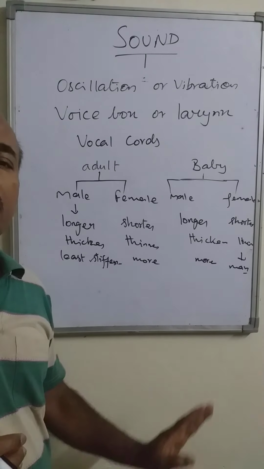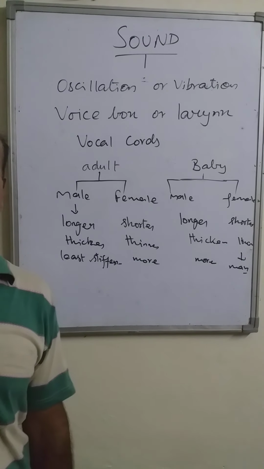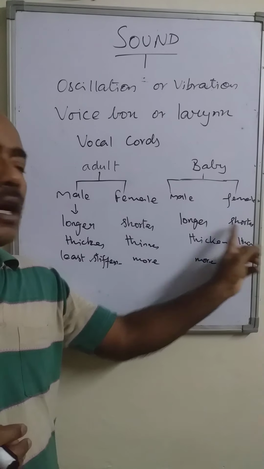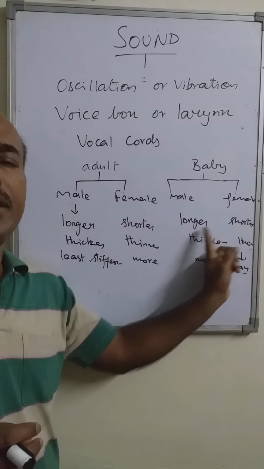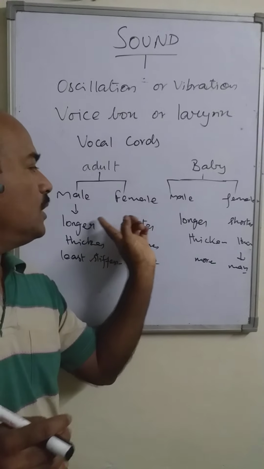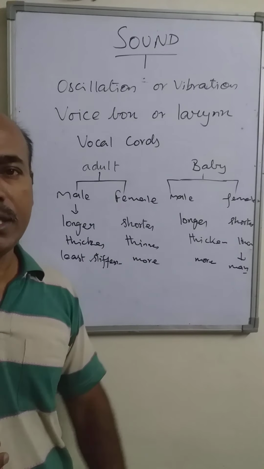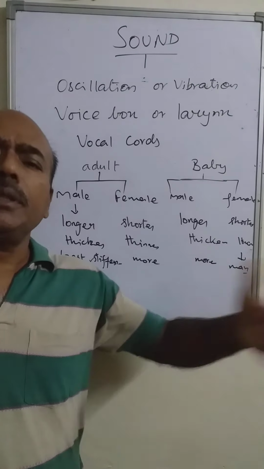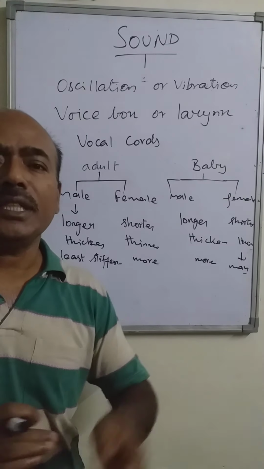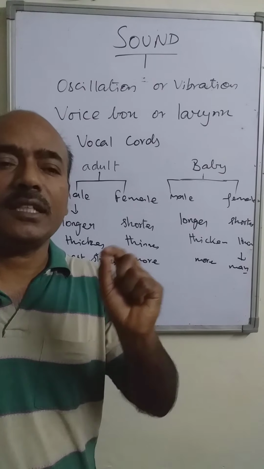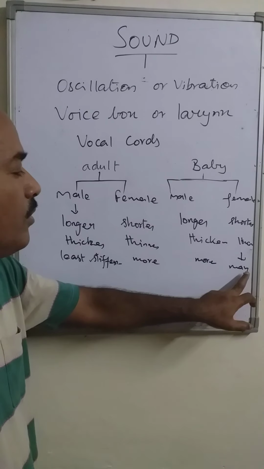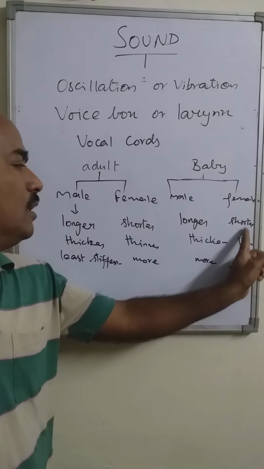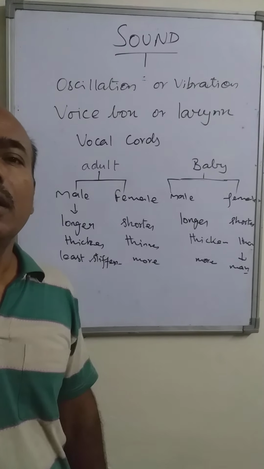And coming to the sound from babies, both sounds are more shrill, more sharp than the sound from adults. But the maximum sharpness of sound, meaning the most piercing sound, which is it? Female baby, because it is more stiff.